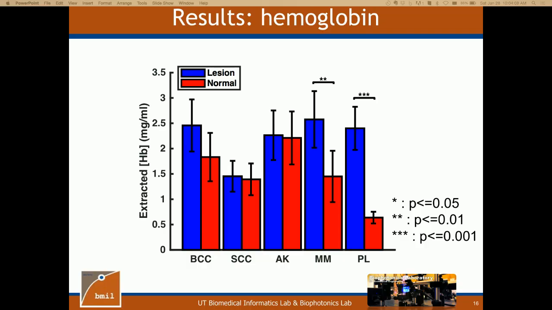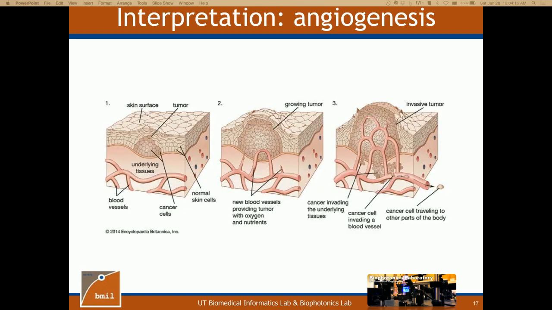So the higher hemoglobin concentration in skin cancer can be explained by angiogenesis. As cancer develops, there are more new blood vessels, which results in higher hemoglobin concentration.